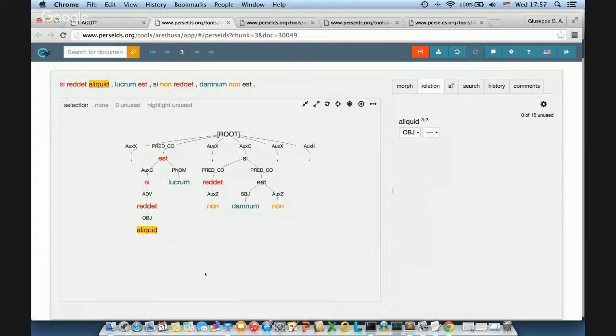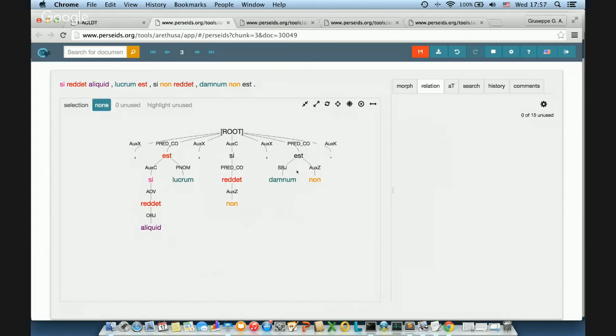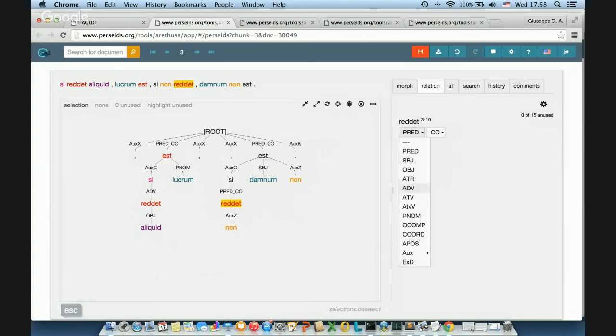And again, what about the other constituents? The structure is similar. I mean, this goes here. Redded is again an adverbial. This is okay, non.